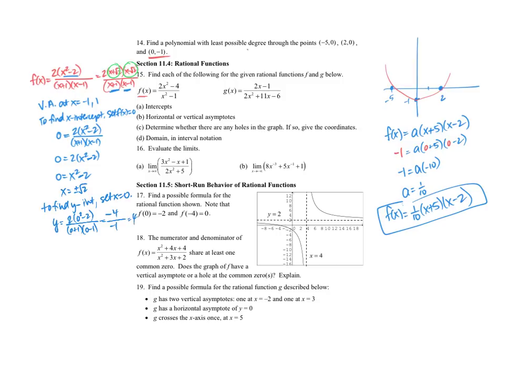So this is a positive 4. So the intercepts are (root 2, 0), (negative root 2, 0), and (0, 4) are the points on the graph.